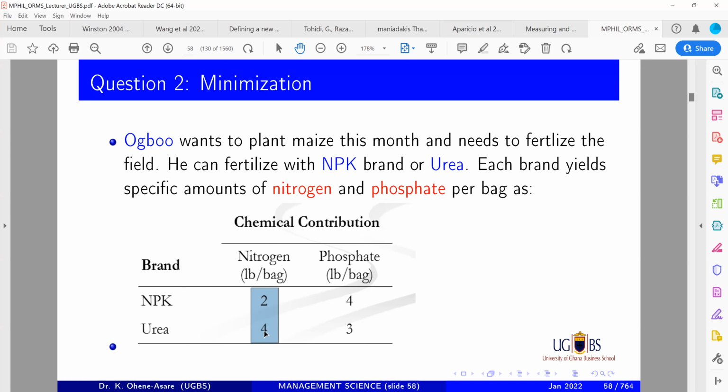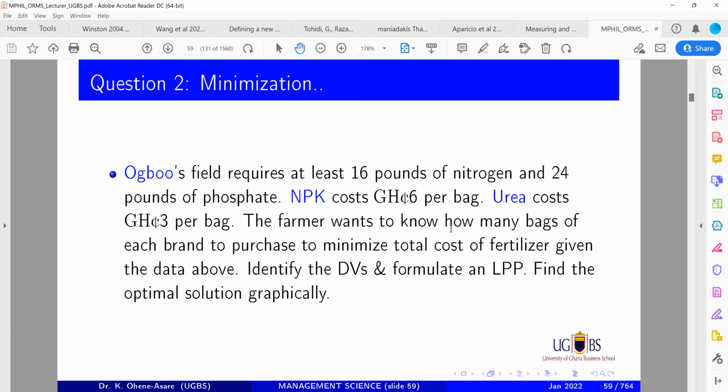This is a minimum requirement of nitrogen needed to produce NPK and urea. Again, this is the minimum requirement. How do you know? It says that Ogbo's field requires at least... what symbol? Greater or equal to.